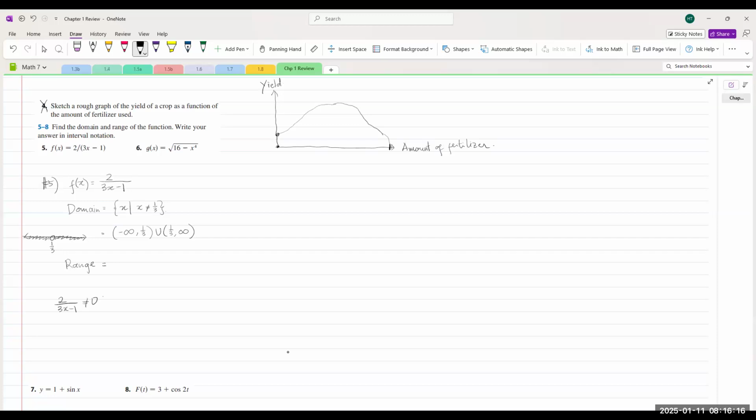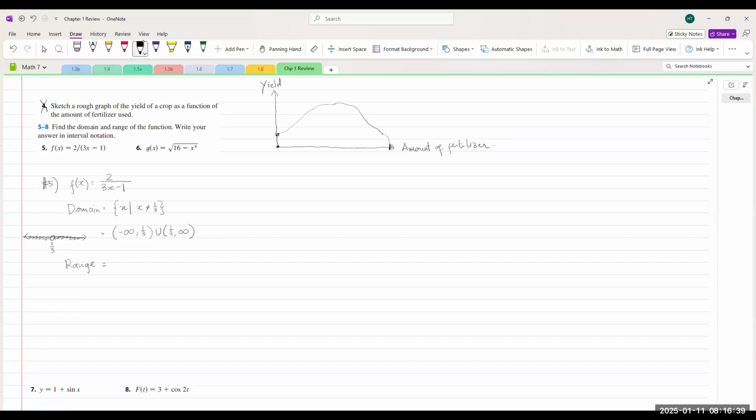Why? Because the numerator cannot be 0. Another reason is that's actually the horizontal asymptote, and this function is 1-to-1. So there's actually a lot of things to say here. Let me just do it the proper way.